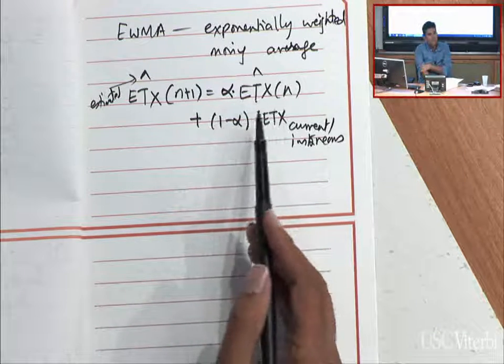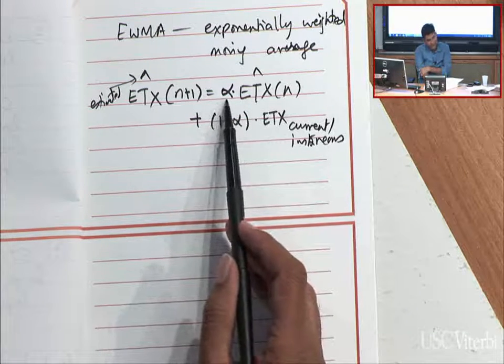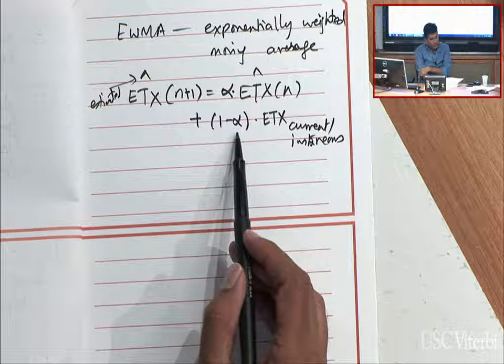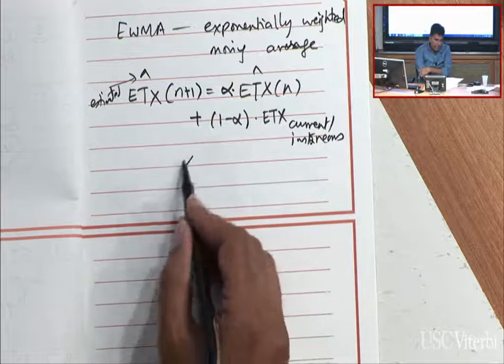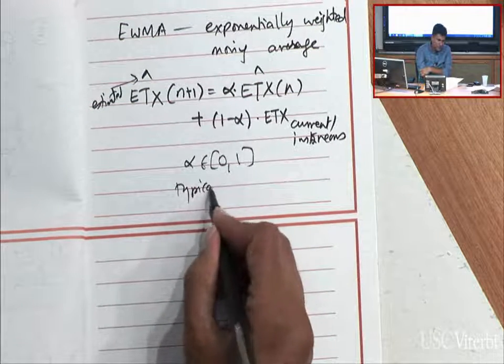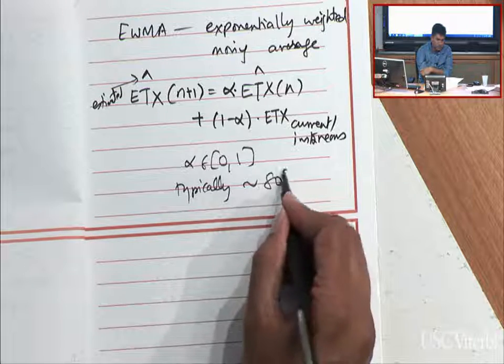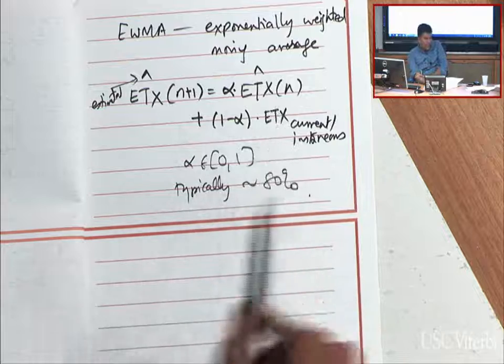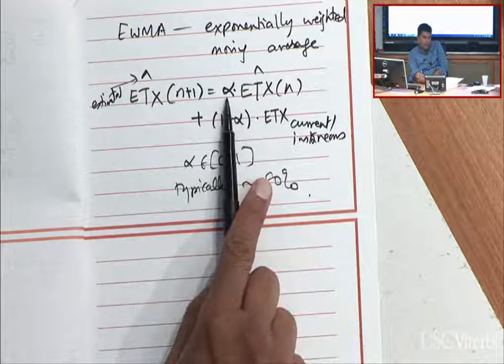This is your previous estimate of the ETX, and we're weighing that previous estimate by some factor alpha and the current value by some factor 1 minus alpha, in such a way that alpha is just some number from 0 to 1, typically something like 80% or so. What this does is that your previous estimates are getting weighed by a factor of alpha.